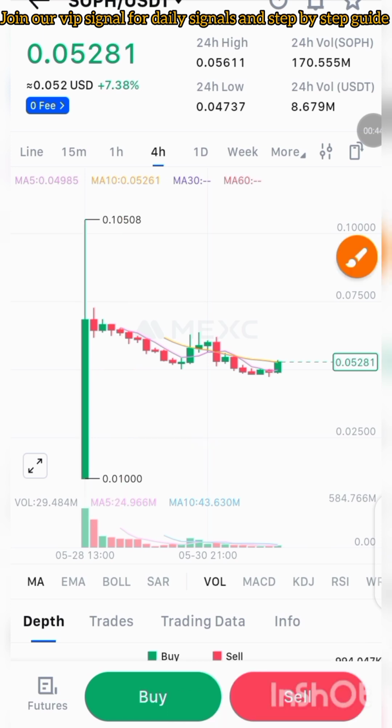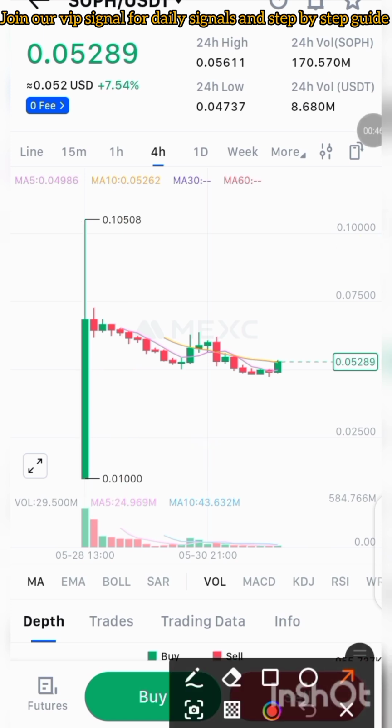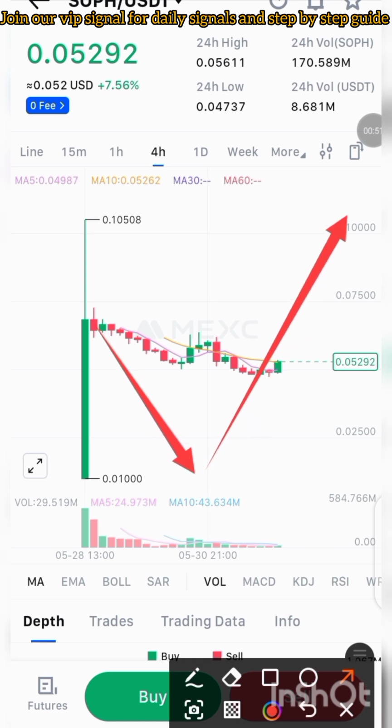What I mean by filled is that it needs to be covered. It needs to go down like this before it can continue the uptrend. Even if it's supposed to go up, it must cover this gap here. So this very big fair value gap needs to be filled.